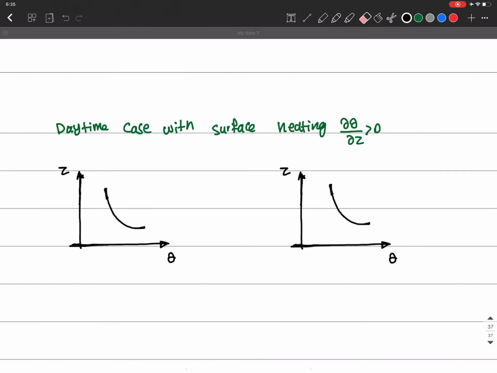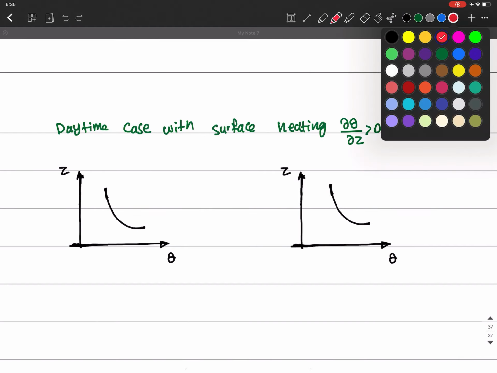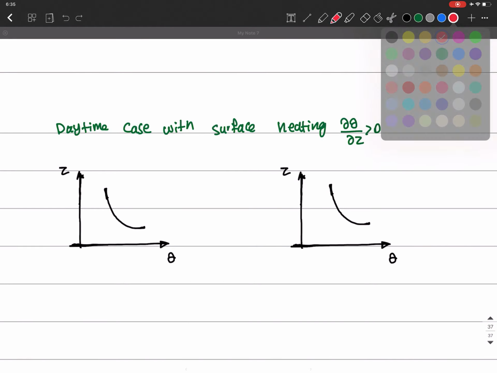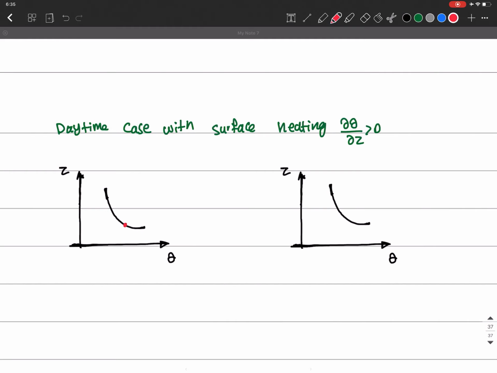So when an air parcel goes up, here, W prime is positive, right? So it goes up.